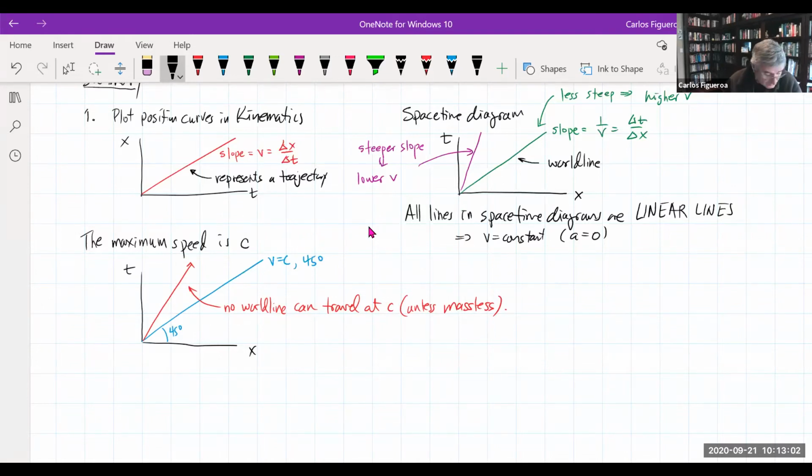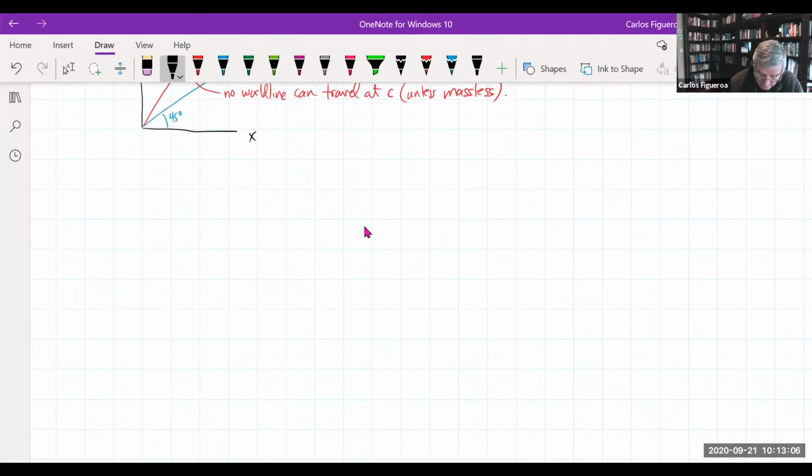Now, let's look at the next piece here. The next thing that I want to do is to summarize these. So we have a light cone. And the light cone essentially implies that these world lines are going to be symmetric.